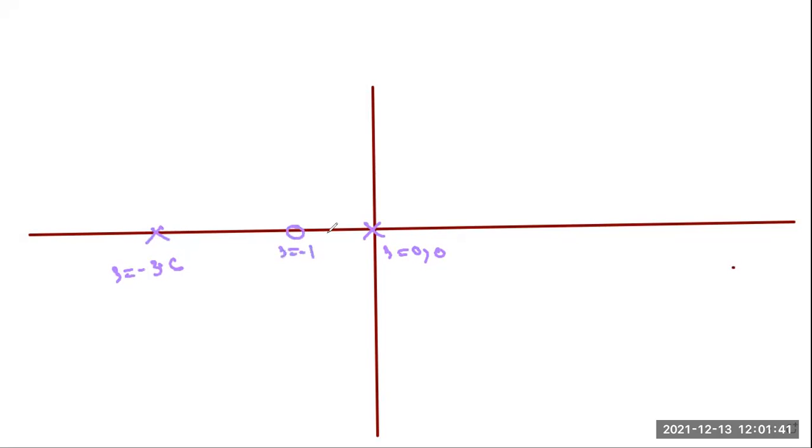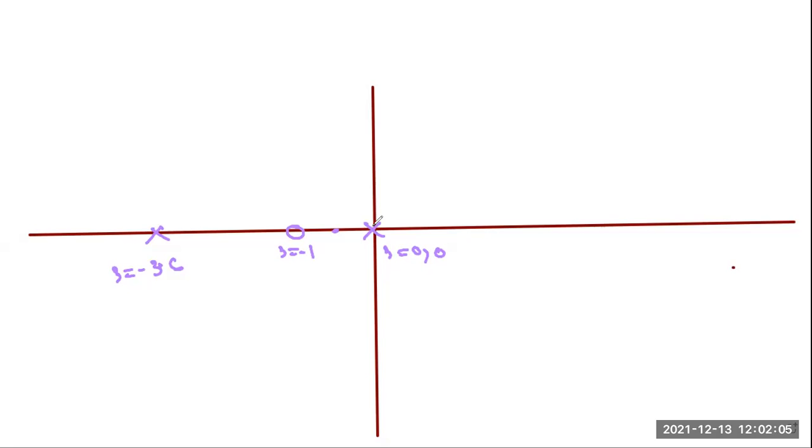Very good. Now, please tell me whether any root locus will be there in between s equal to 0 and s equal to minus 1. Will there be any root locus if you take any point here? Yes, sir, because the number of poles plus number of zeros to the right of this point is odd.